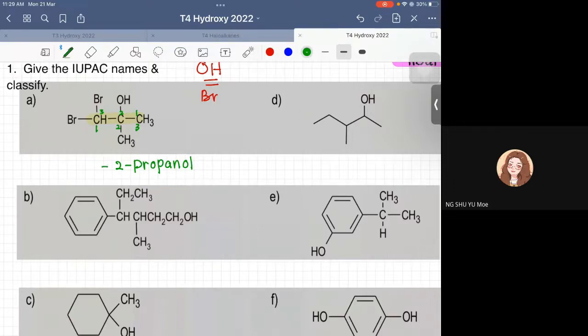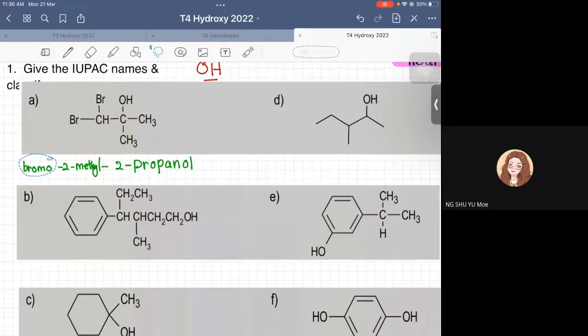Tapi kita ada substituent iaitu bromo dan methyl. So it is better to number it from left side. So bromo come first. And then we have methyl. Okay, methyl duduk pada kedudukan 2. And then we have bromo.